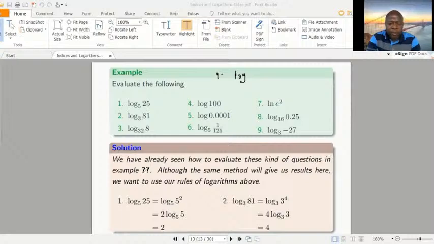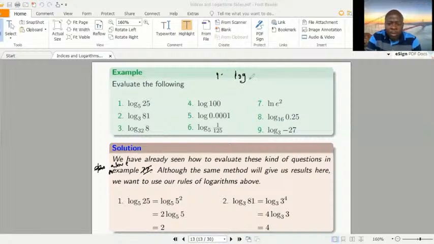Forget about the question mark here. I'm saying that we have already seen how to evaluate this kind of question. There's an example above that shows how to do this kind of question, but then I want to show another way of doing it.